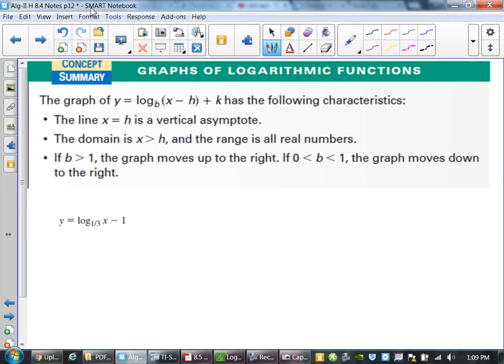Log base b of b equals what? 1. And log base b of 1 equals 0. Because b to the 0 is 1, and b to the 1 is b.